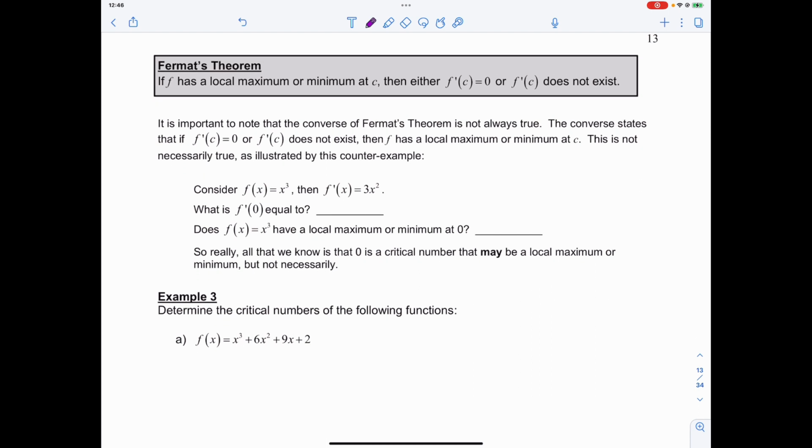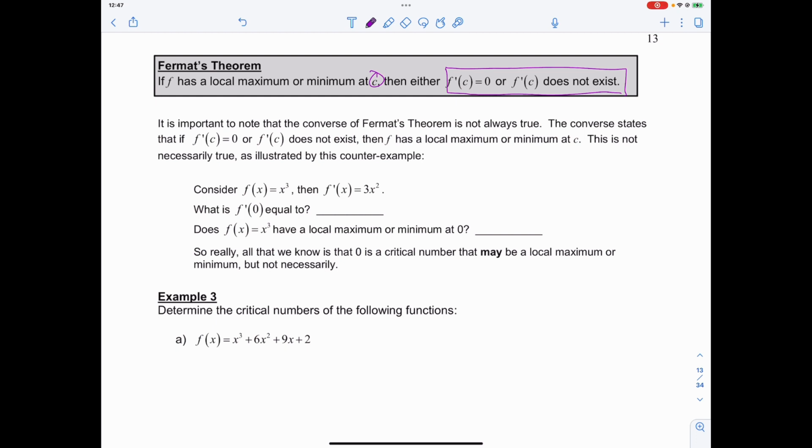Fermat's theorem states that if f has a local maximum or local minimum at c, then either f prime of c is equal to 0 or f prime of c does not exist. Now, it's important to note that the opposite is not necessarily true.